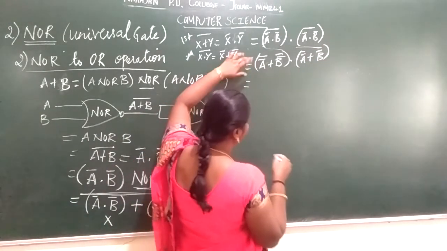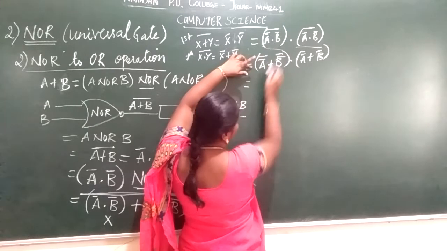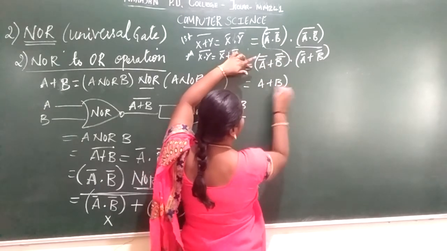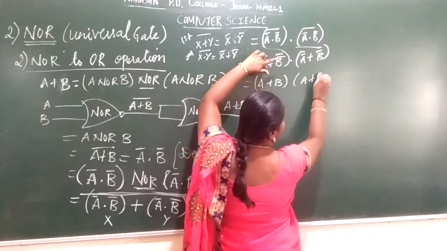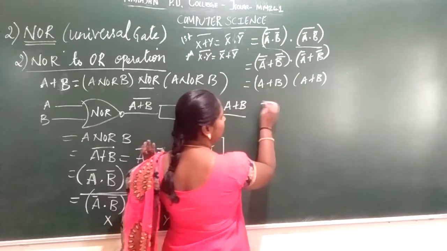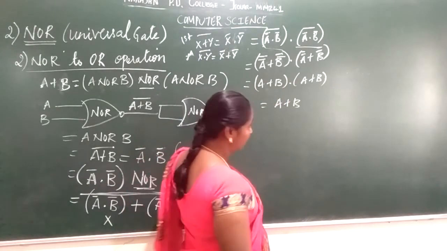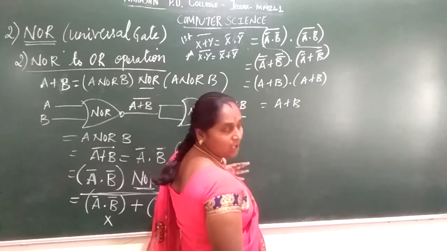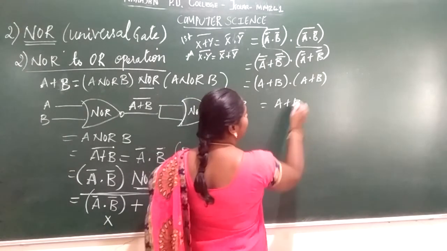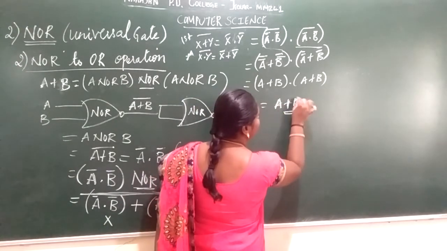So you remove the double bars, the involution, and get a plus b into a plus b. According to the idempotency law, a variable combined with the same variable using an AND or OR operator gives the same result. So a plus b.